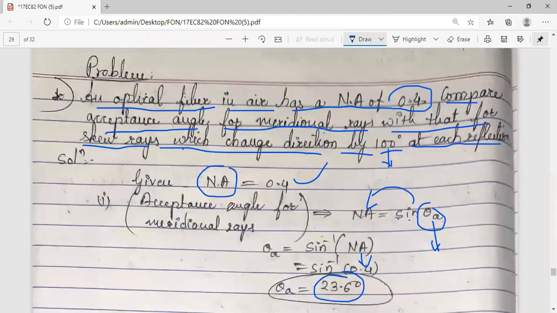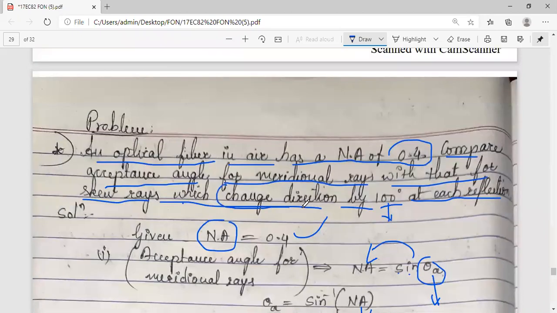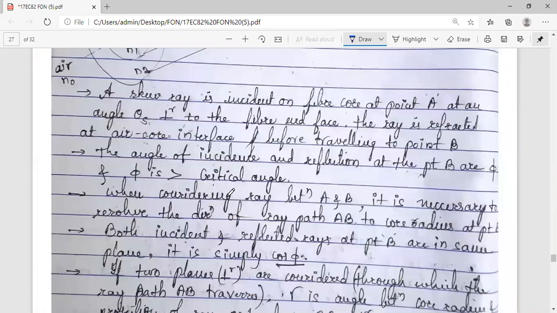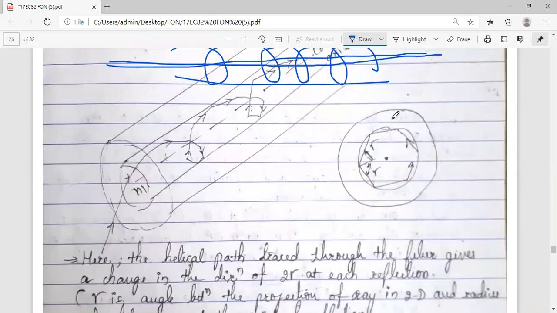Now for skew rays, one piece of data is given: the change in direction is 100 degrees at every reflection. What does that mean? Let's quickly recall the skew rays concept.